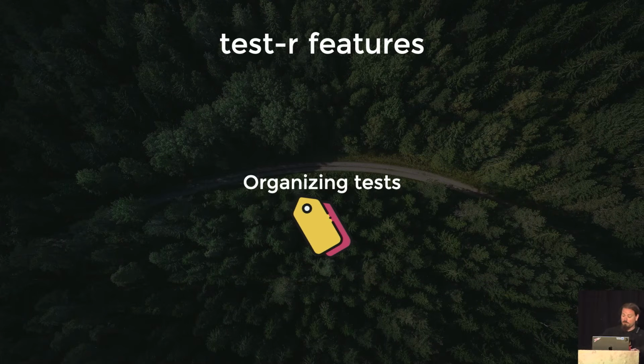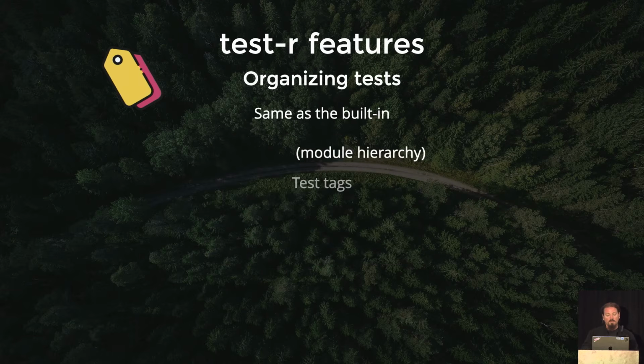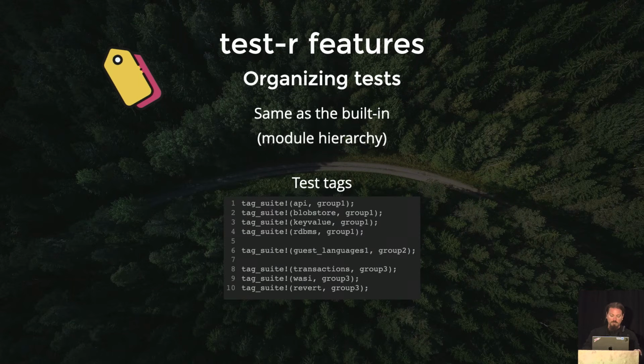And what about organizing these tests? As I said, it's by default the same as the built-in test framework. You can create modules, and those are acting as test sets, basically, because of this prefix-based selection of what to run. But there are also test tags, which allows you to group these tests in a different way. So for example, in Golem, we are tagging these worker executor tests by group 1 to 8 or something.